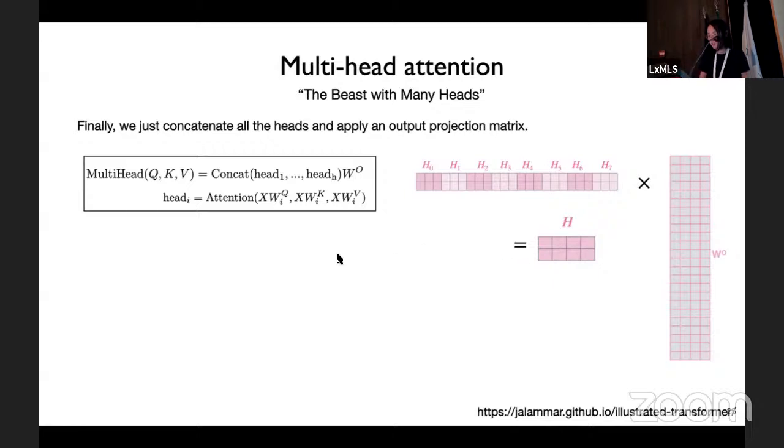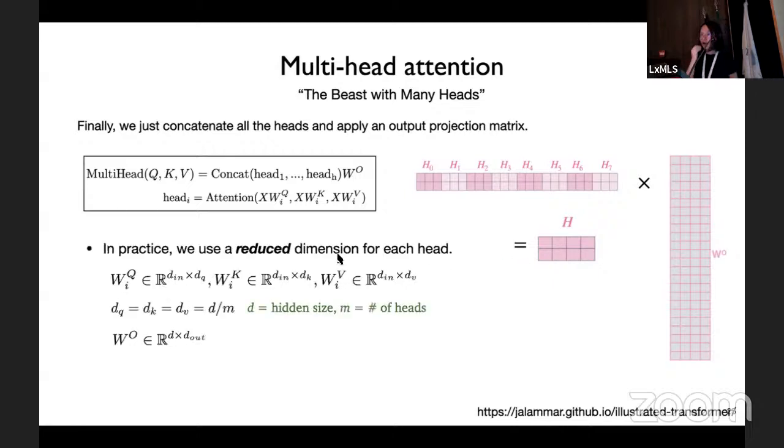But in practice, if you use 8 heads instead of 1 head, the computation will definitely be 8 times more, right? You just do this 8 times separately. So in practice, this is a clever design of the original transformer architecture: you just use a reduced dimension for each head.